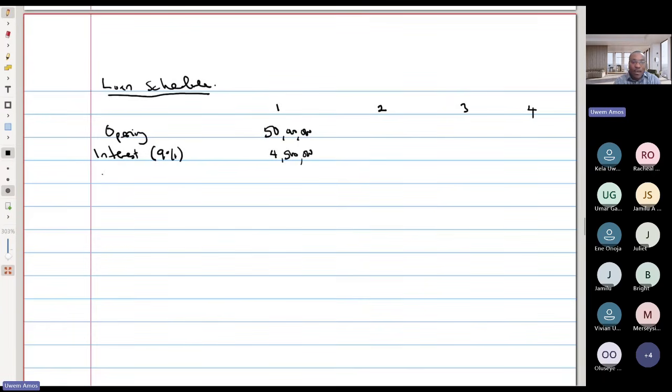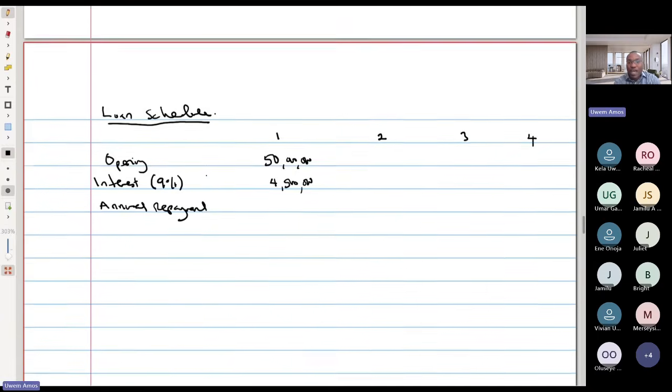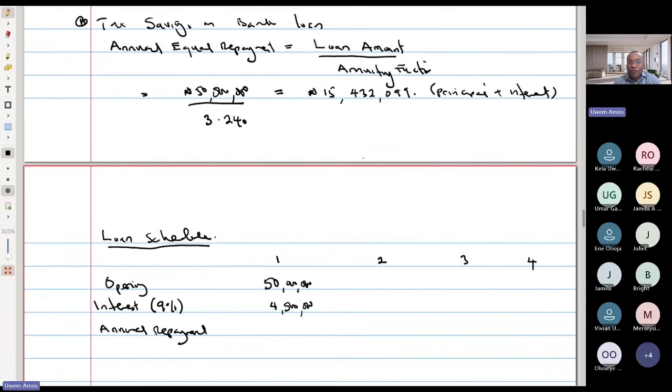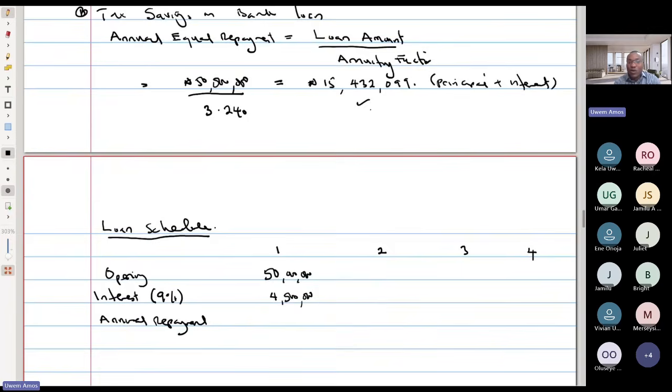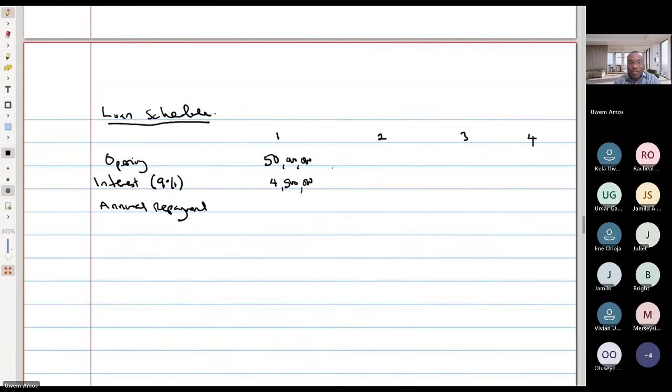And then at the end of the year, we have our annual equal repayment that we calculated above of 15,432,099. So what's our closing balance? Let's do the loan schedule first before we come and do the tax savings.